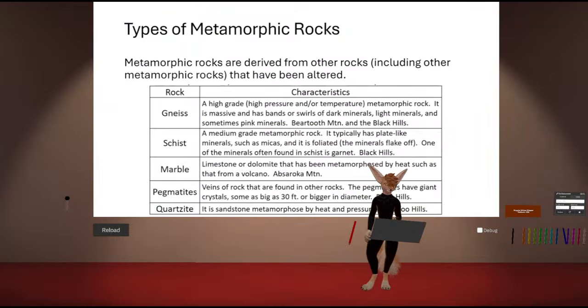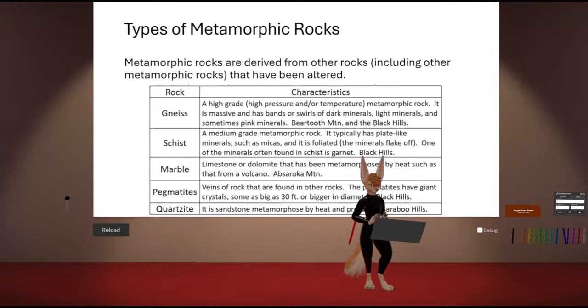And this is the shortest section here. Last section, very short, are the types of metamorphic rocks. They're derived from other rocks that have been altered. The only thing that differentiates metamorphic rocks from other rocks is that when these other rocks form, they undergo immense pressure and heat that changes their characteristics.